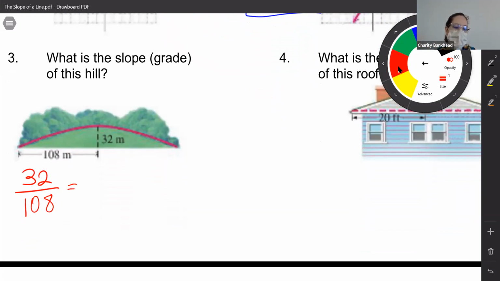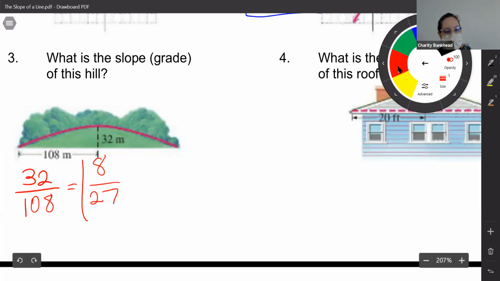So I think we could reduce that by 4, because 4 goes into 32 8 times. And 4 would go into 108 27 times. So 8/27.